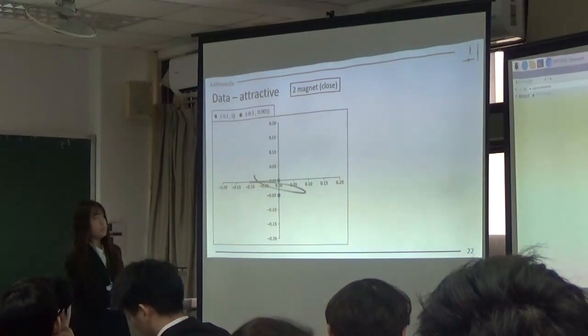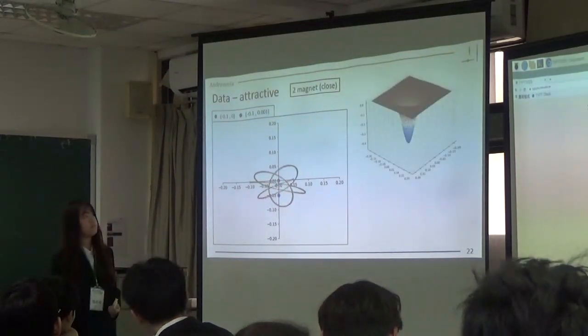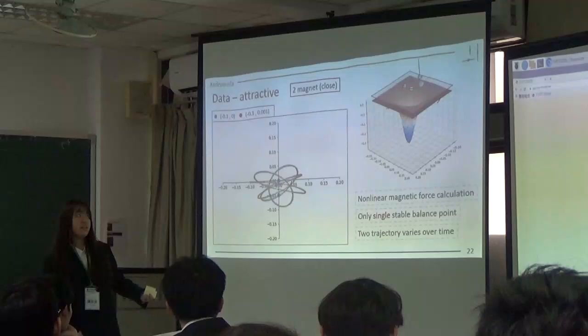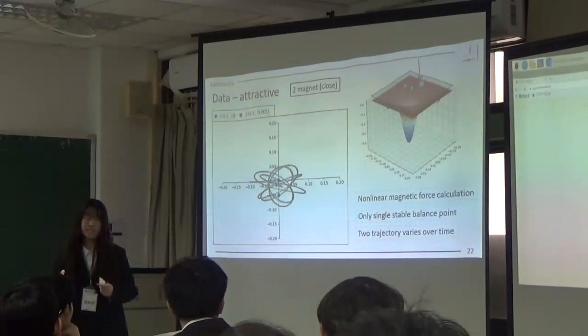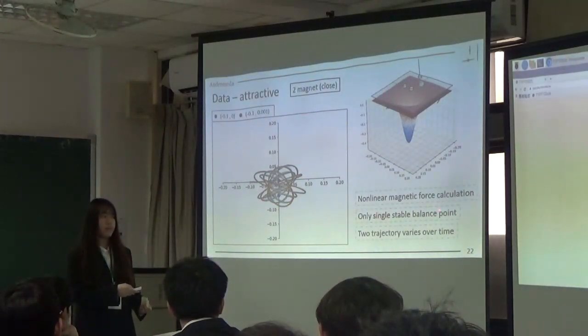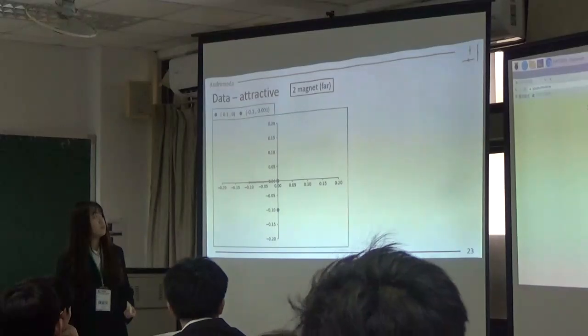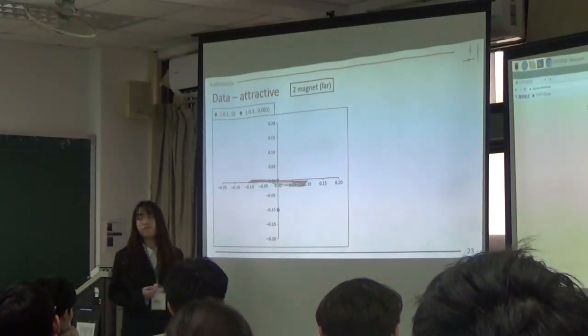And then we put two magnets close to each other. As you can see, because the two magnets can be seen as a single big magnet, we can say that there is only one stable balance point. And then the two magnets are far away from each other.